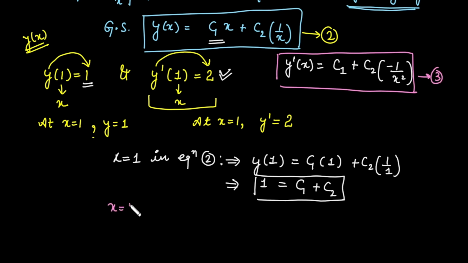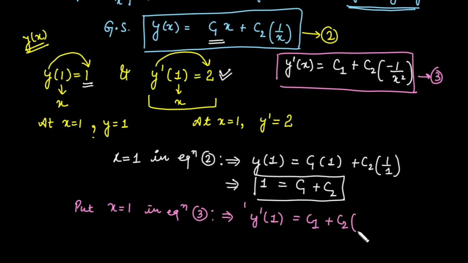Now put x equal to 1 in equation 3. So in this case y prime at 1 is equal to c1 plus c2 times minus 1 upon 1 square. The value of y prime at 1 is 2, so this is equal to c1 minus c2. Now we have two equations: c1 plus c2 is equal to 1, and c1 minus c2 is equal to 2.